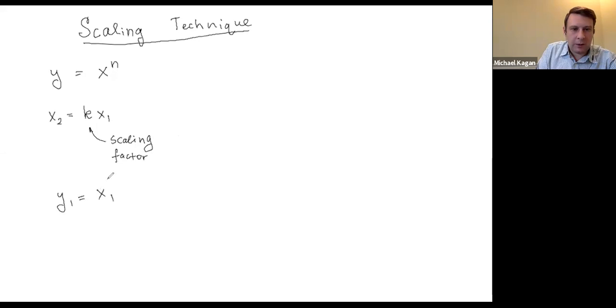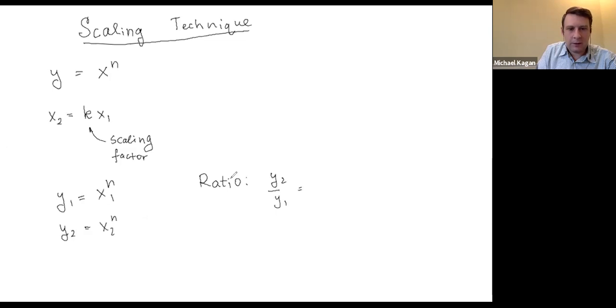So y1 is x1 to power n, y2 is x2 to power n. Now, what you want to address is the ratio. So if you were to consider the ratio y2 over y1, just do it straightforward.